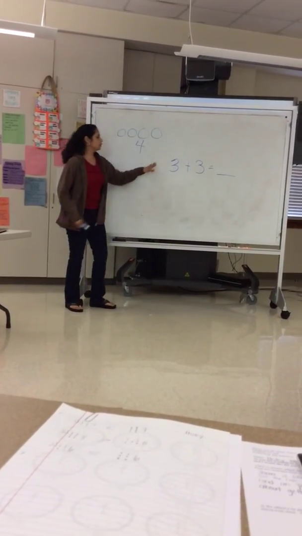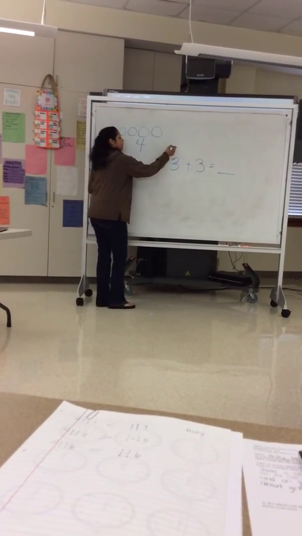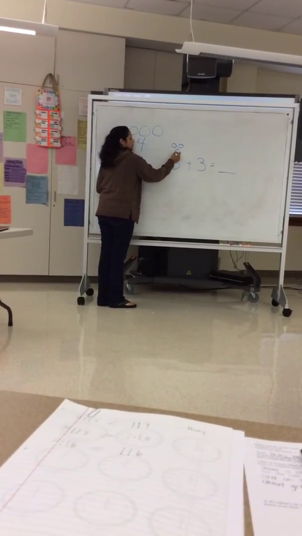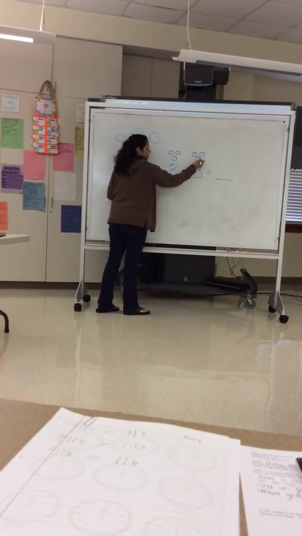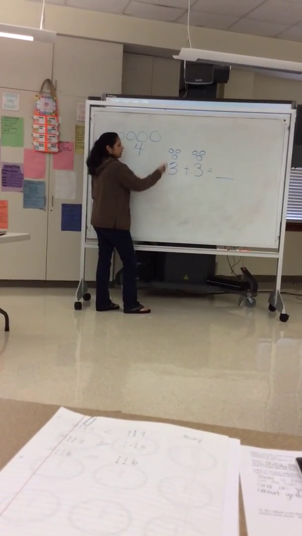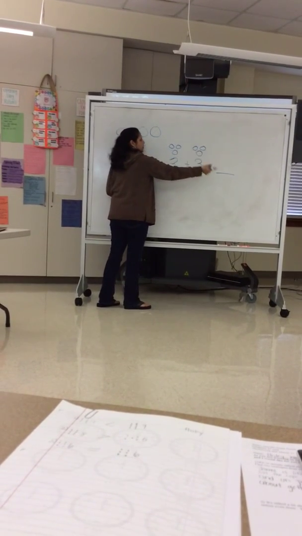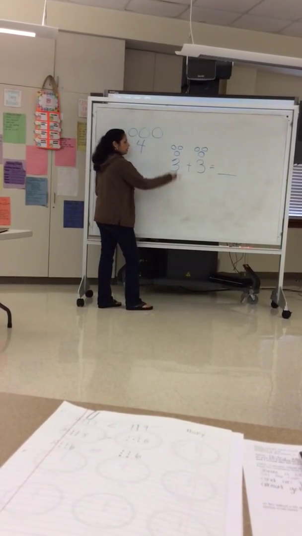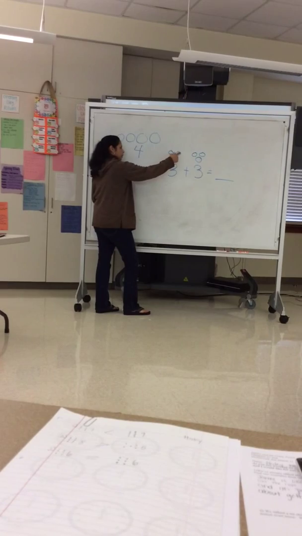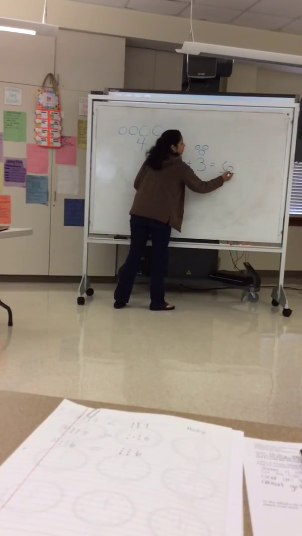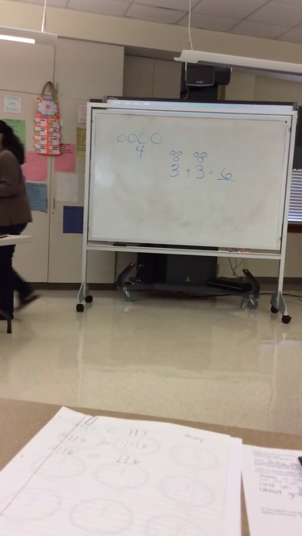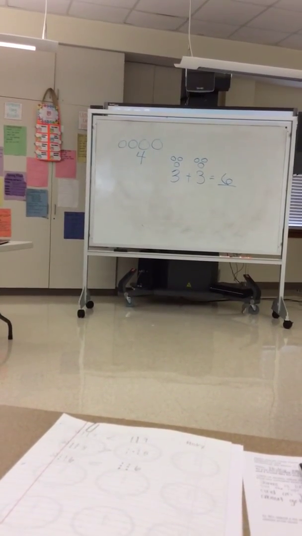So the first thing I need to do is draw 3 circles above the first number, and then draw 3 more circles above the second number. And then I'm going to count all my circles and write the numeral here. So let's count. 1, 2, 3, 4, 5, 6. Okay.